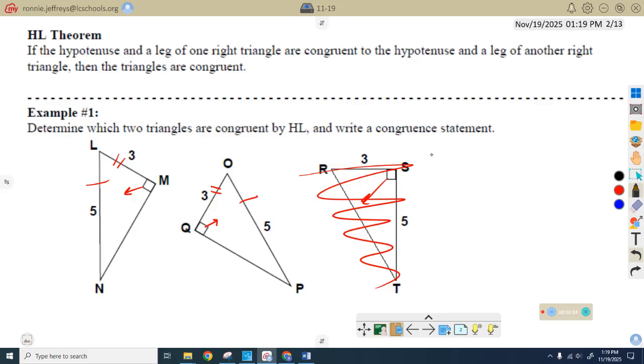Now we would have triangle LMN is congruent to triangle OQP. And yes, the order does matter on that because they have to match up.